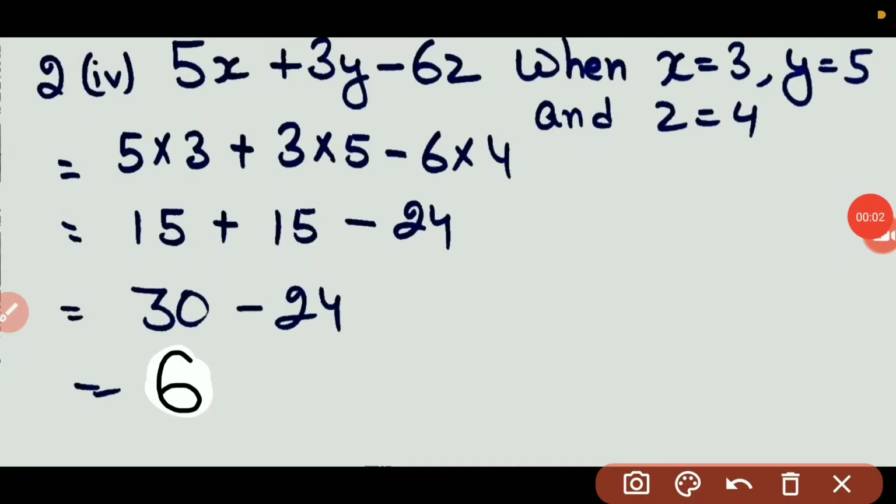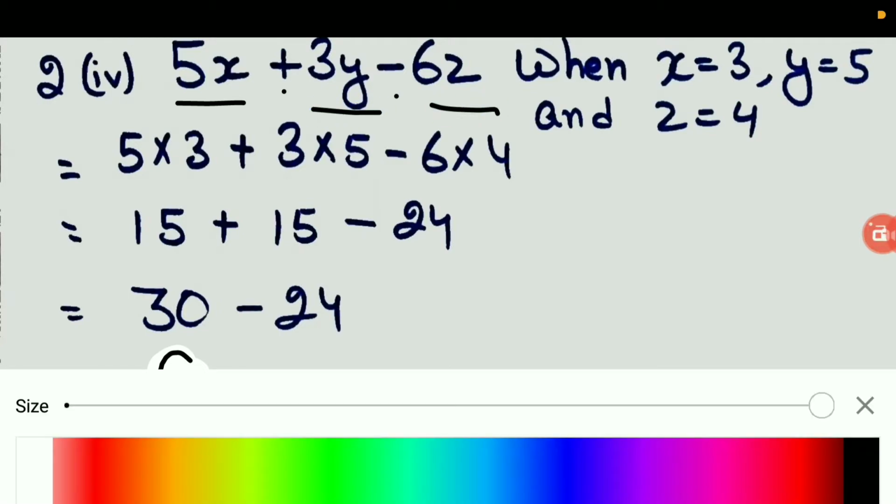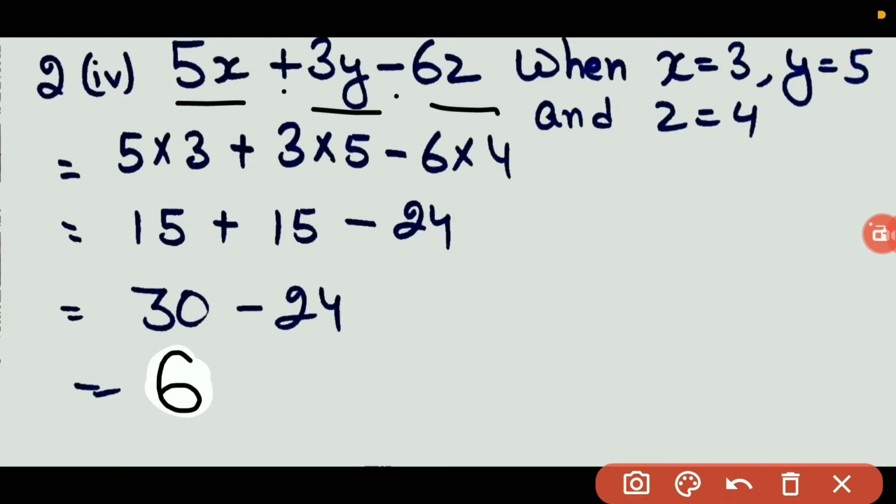Coming to question number 4. The question given to us is 5x plus 3y minus 6z, where the values of x is 3, y is 5 and z is 4 respectively. So we are supposed to use these values and solve the above question and find the answer.